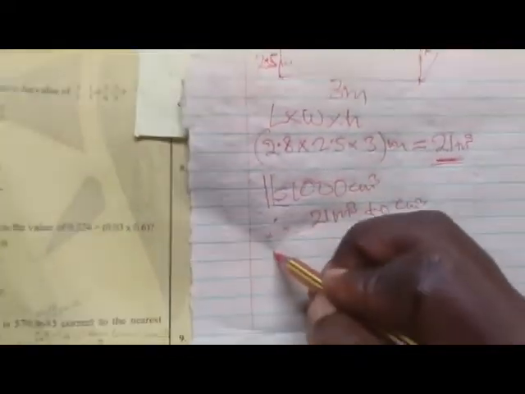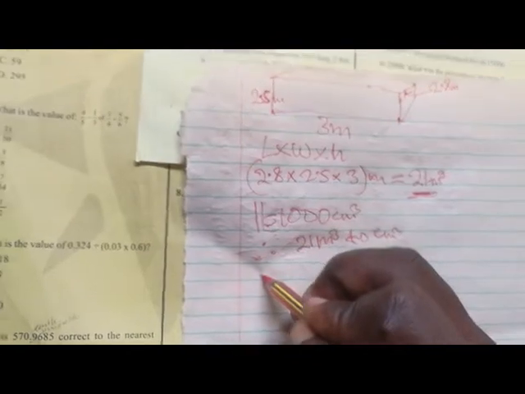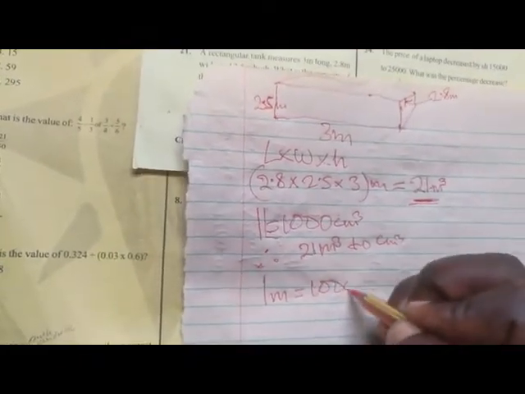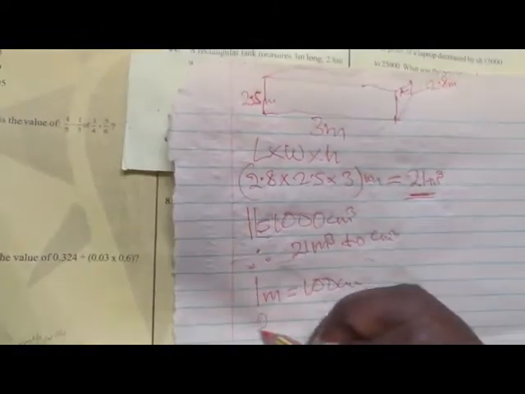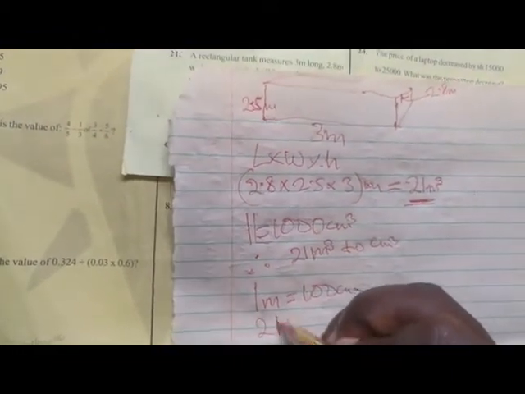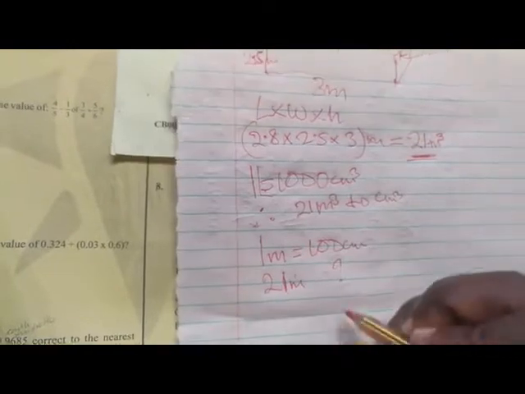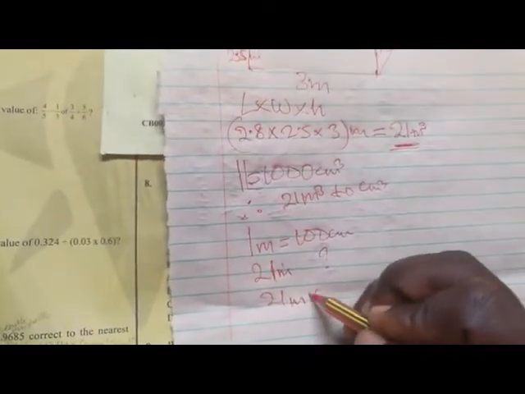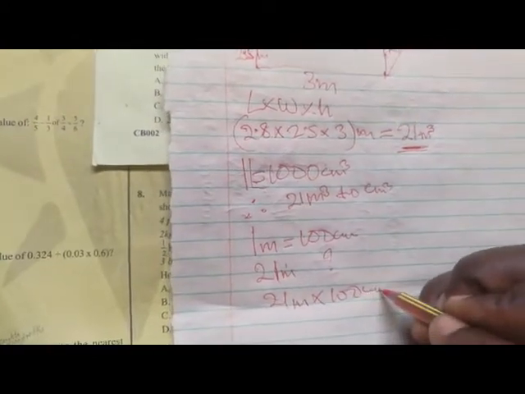1 meter is equivalent to 100 centimeters. Therefore, 21 meters will be 21 meters times 100 centimeters over 1 meter.